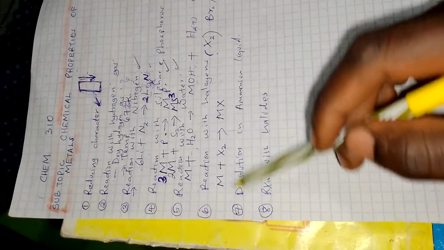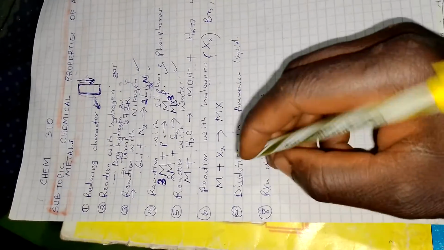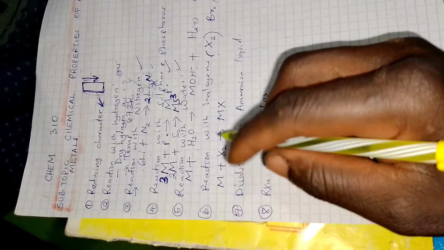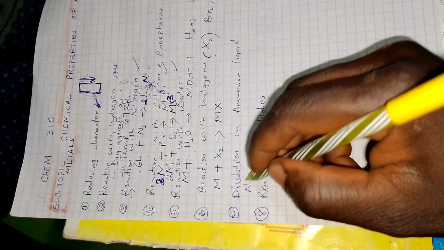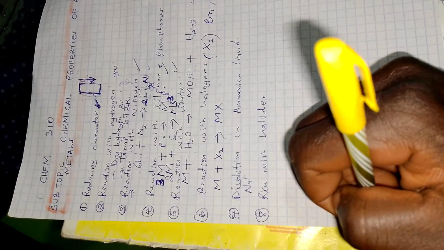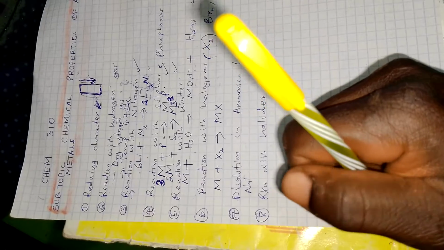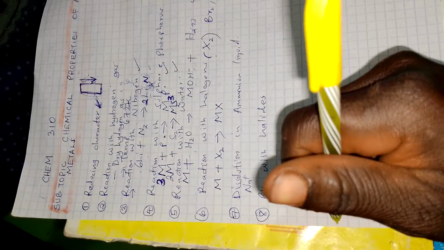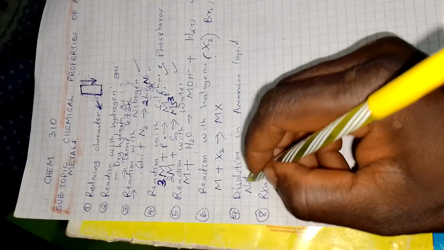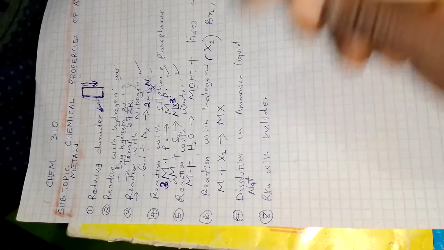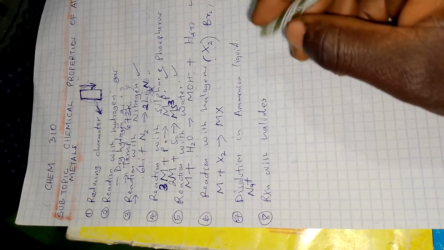First of all, when we are given sodium metal, it will lose electrons to form a cation.